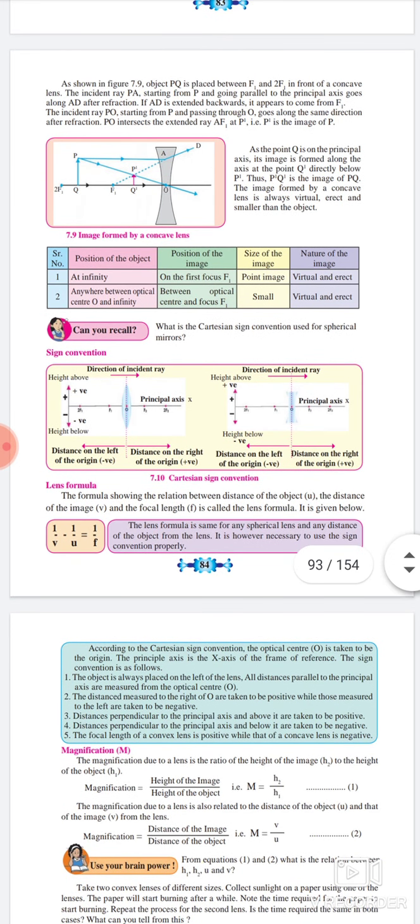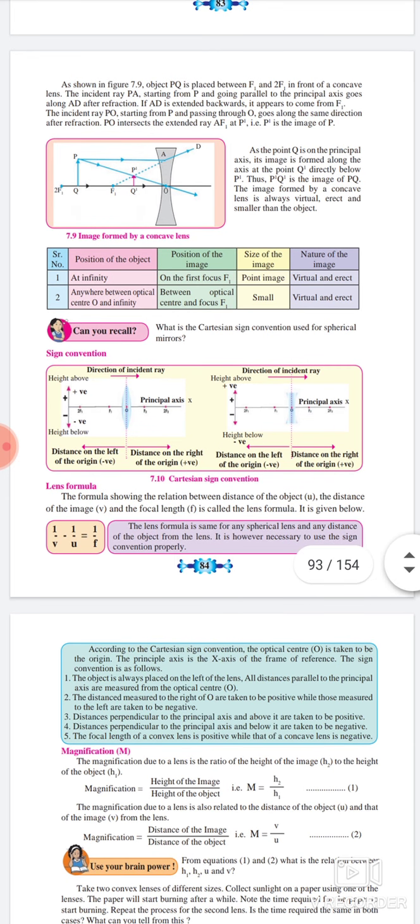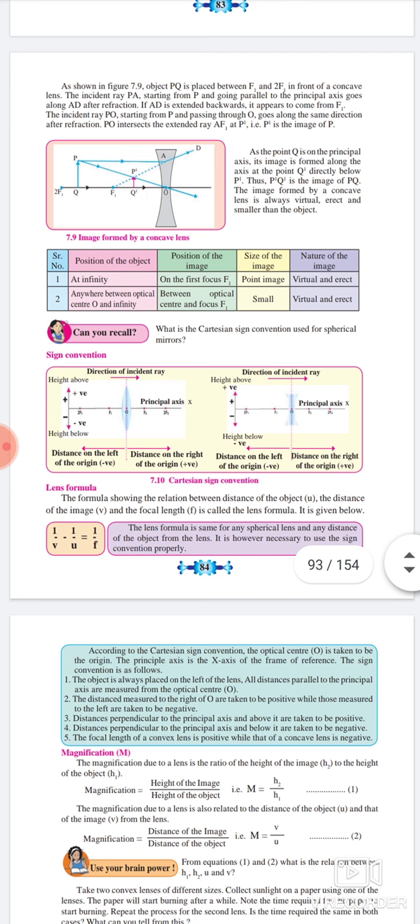See children, it is shown on the left hand side for the convex lens, and the right side for the concave lens. O, the optical center, is taken as the origin, and the principal axis is shown as the x-axis. If the height is above the principal axis, we take it as positive.